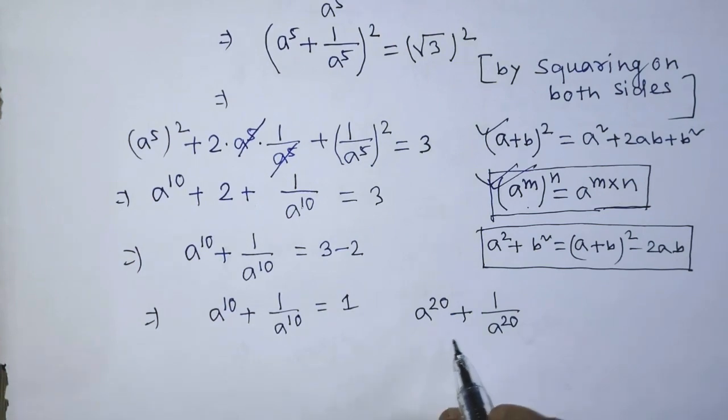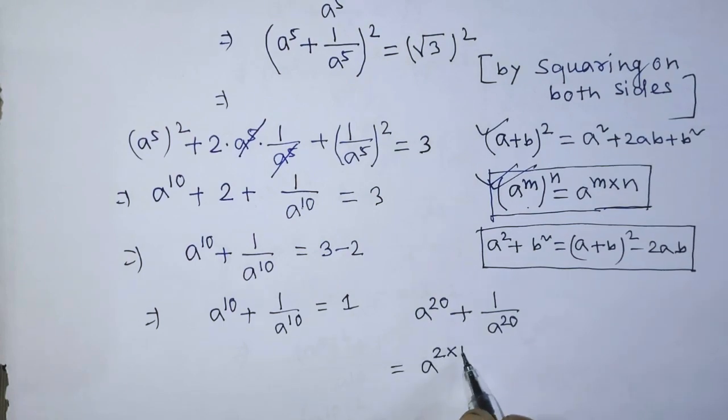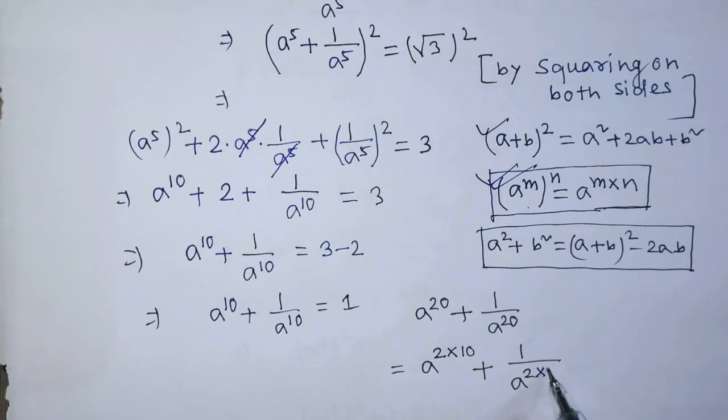So student, we can write from this algebraic expression a to the power 2 times 10. So in the place of 20 we can write 2 times 10 plus 1 over, similarly we can write in here a to the power 2 times 10.